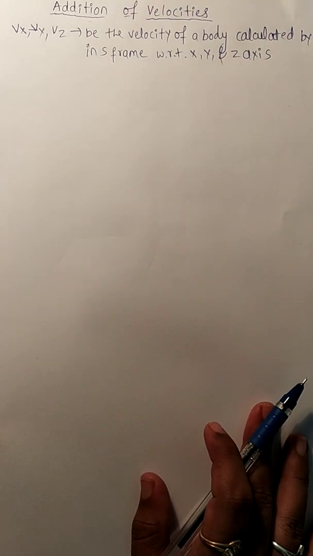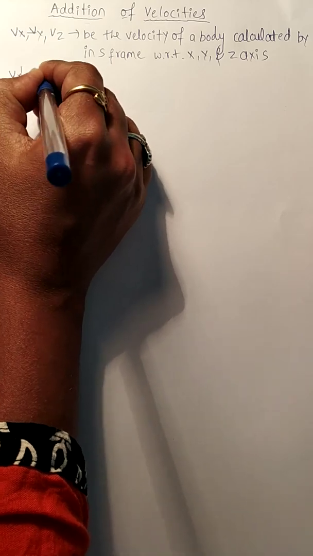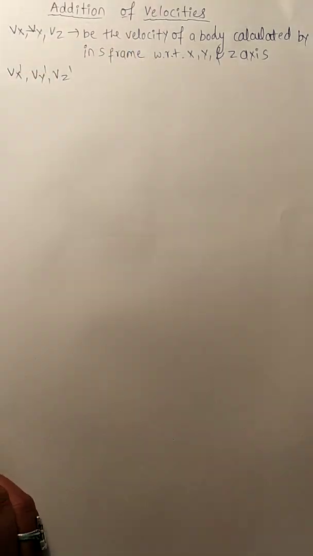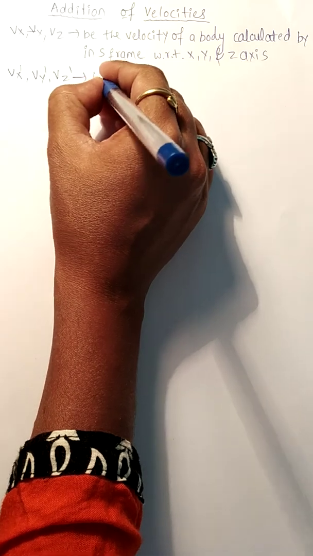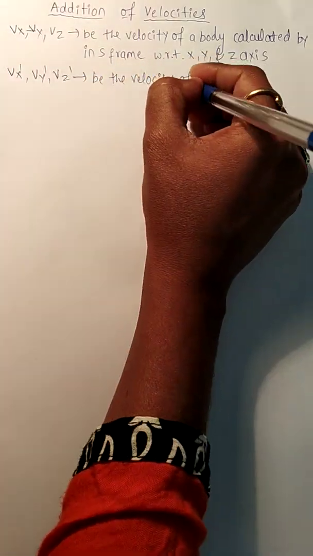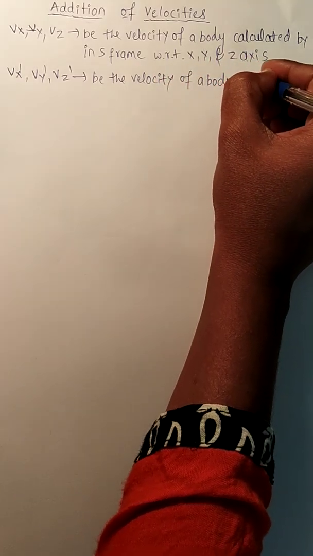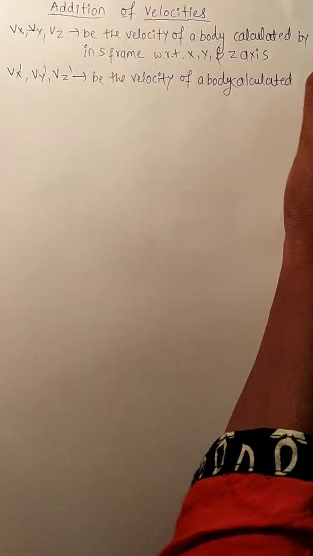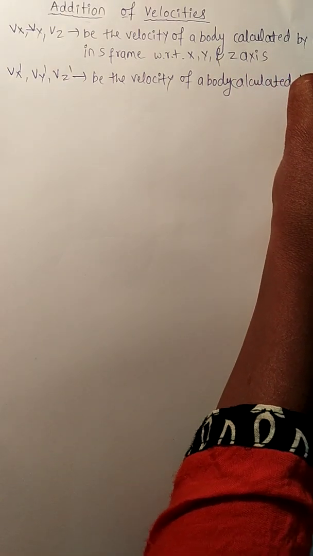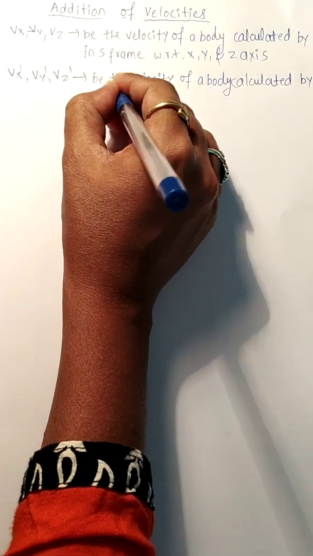Okay, and at the same time the second person will also calculate the same velocity. Then according to him the velocities are given by phi x dash, phi y dash and phi z dash. That will be the velocity of the same body calculated by a person who is in the S dash frame.